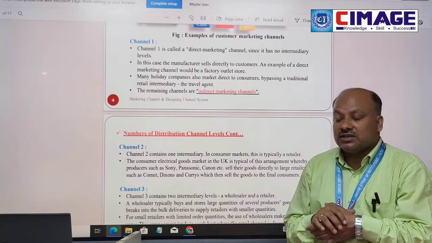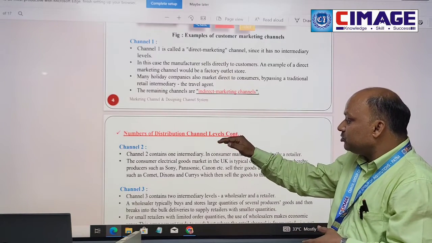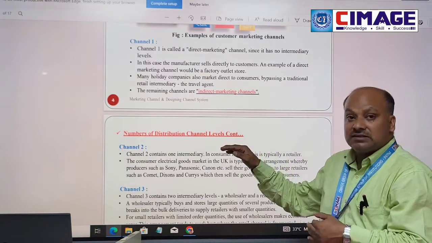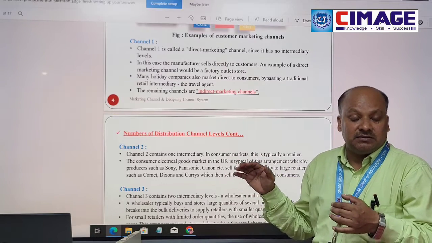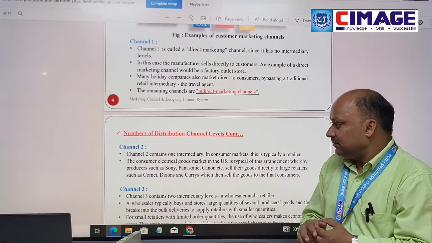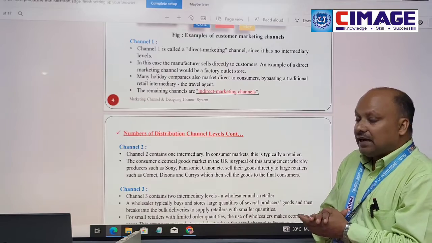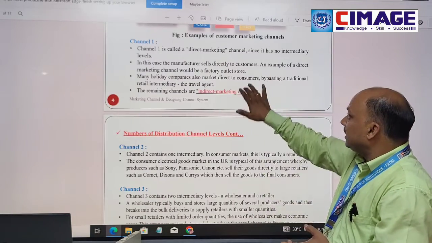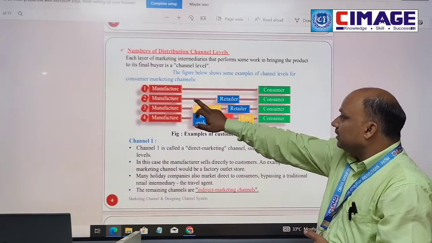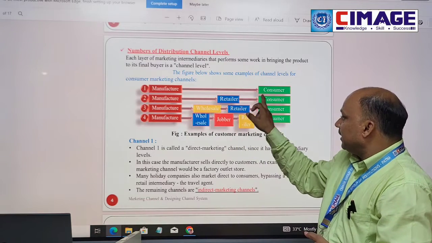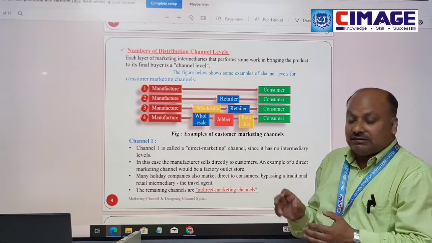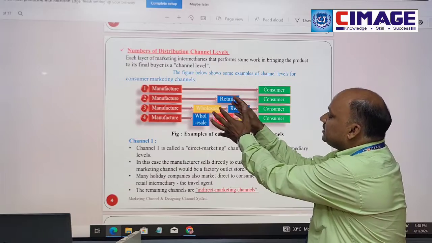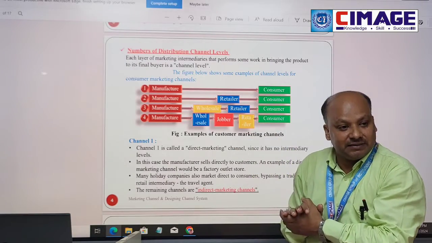Now we are going to discuss another distribution channel level, and that is the indirect distribution channel. Under this channel, as we have seen in the figure, there are the manufacturer, retailer, and consumer. This is an indirect channel method.